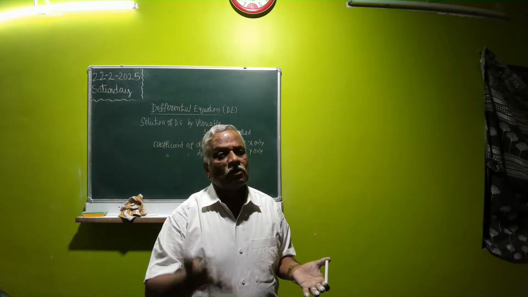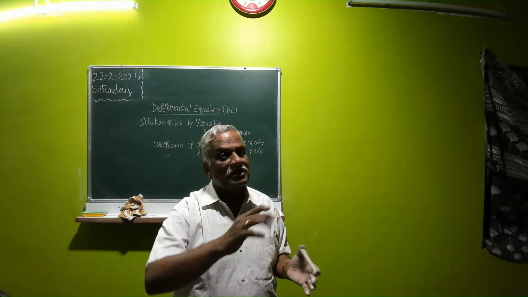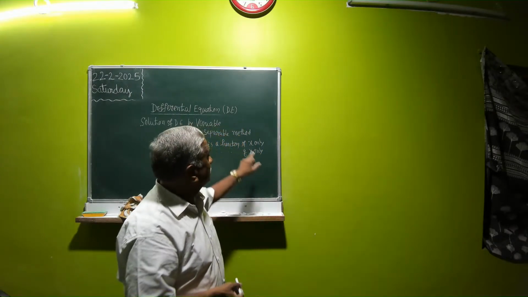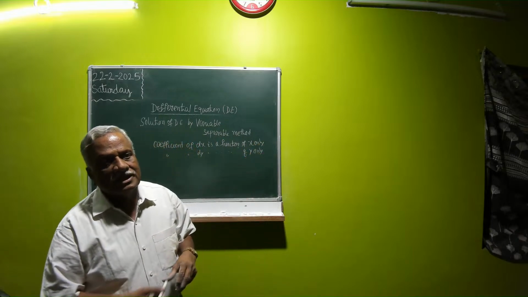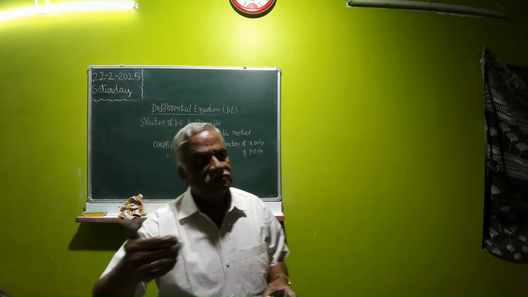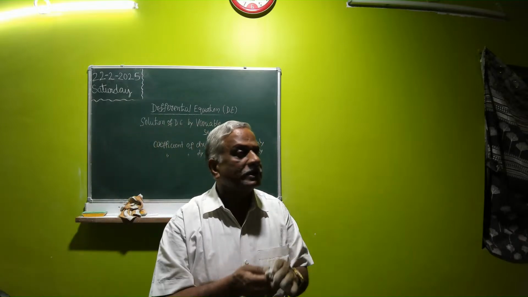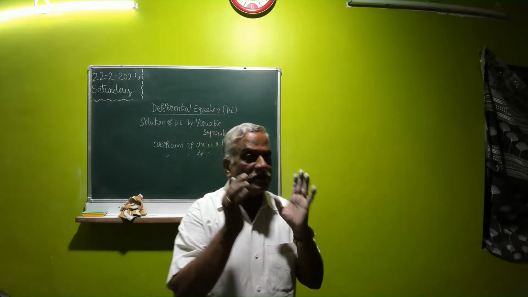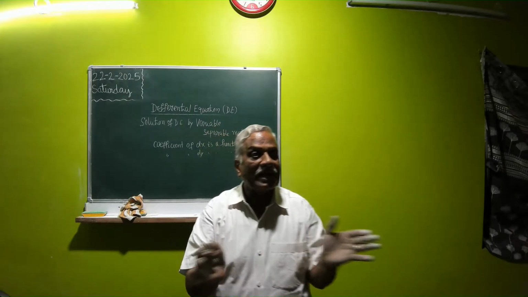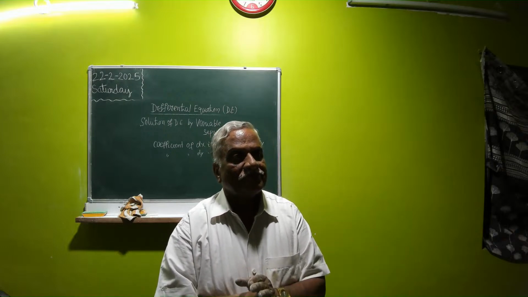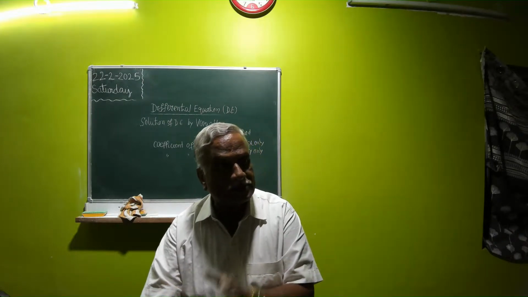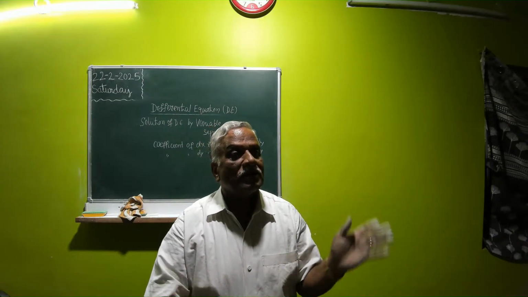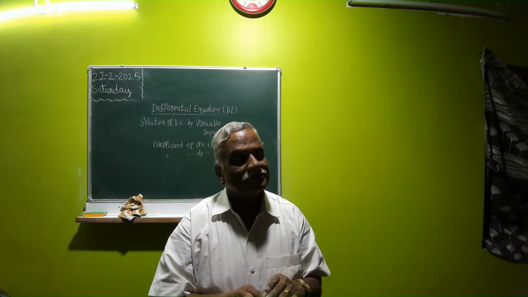The coefficient of dx should be a function of x only, and the coefficient of dy should be a function of y only. That's the first part. Given a problem, you should first see whether you can segregate it into two parts. If you cannot separate them, then you cannot work this problem by that method.